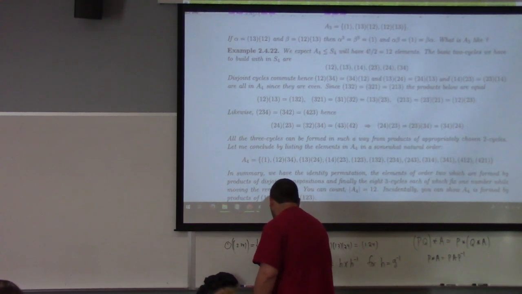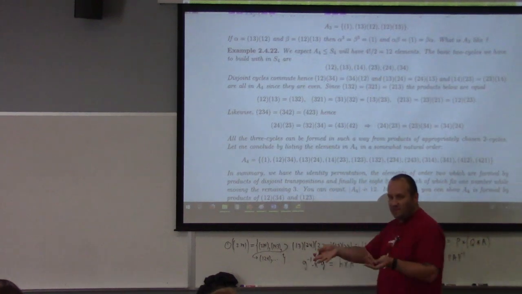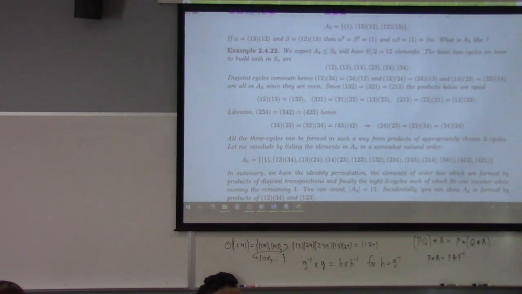Can you tell me anything about the size of the orbit? What did we learn? The size of the orbit divides the order of the group. I think that's true. So what does it have to be? What are your choices?